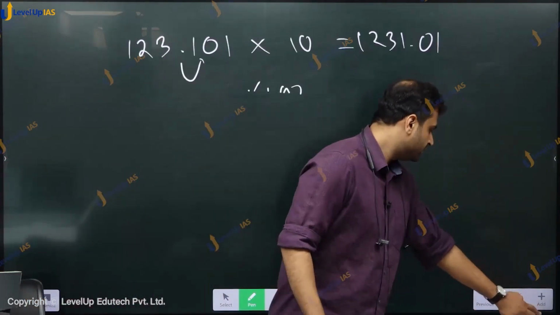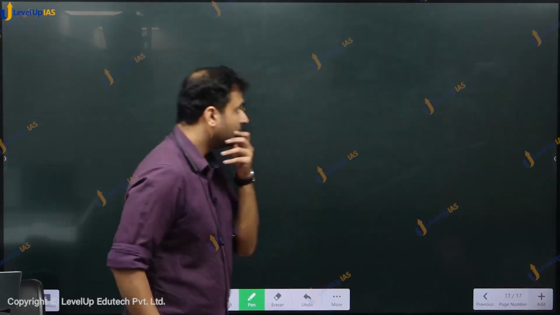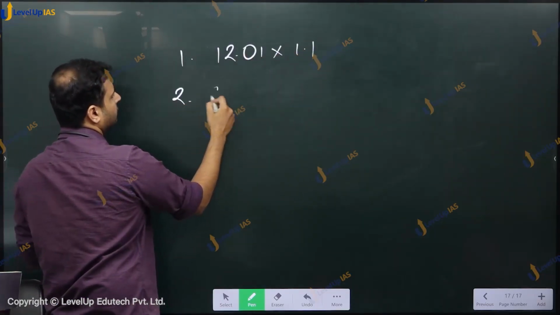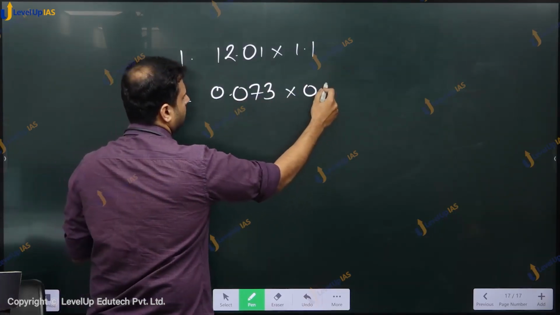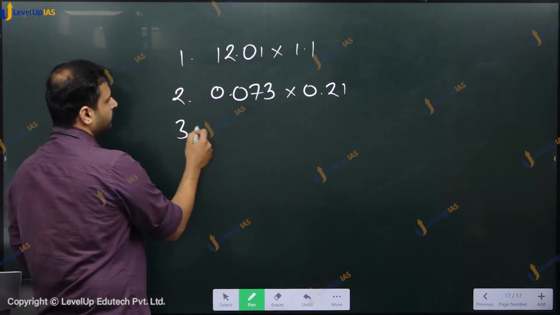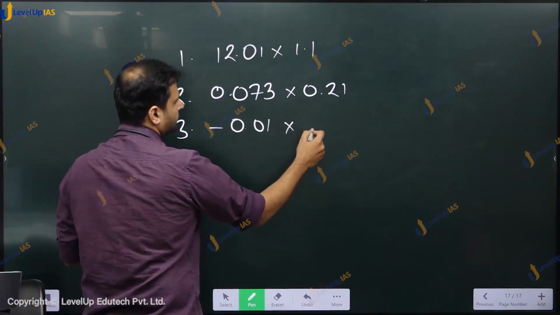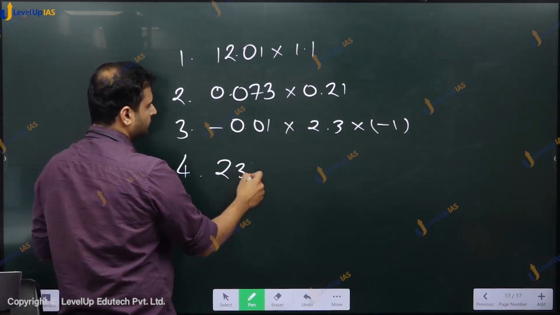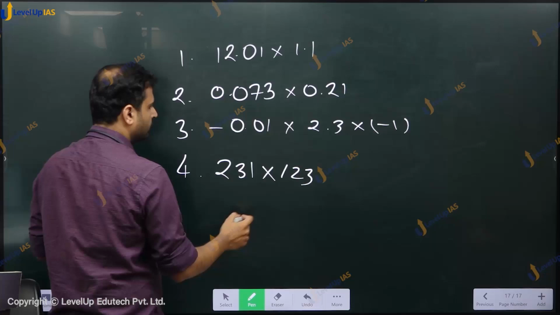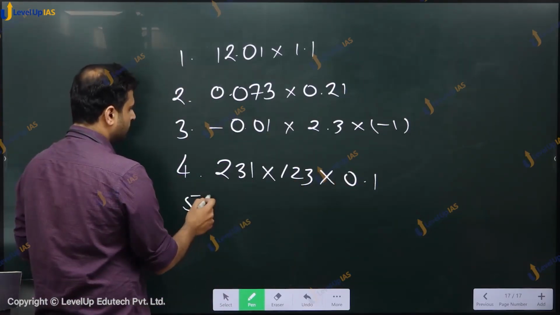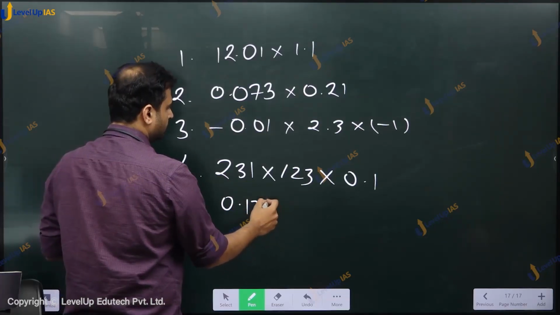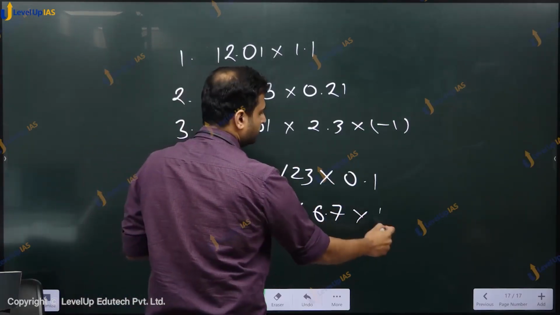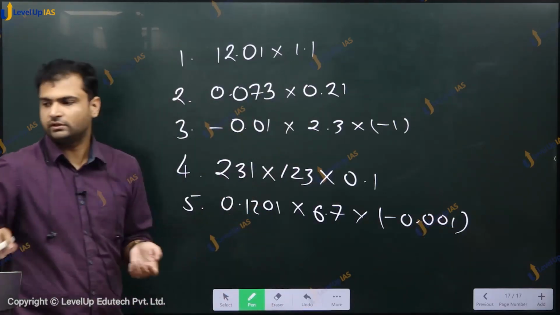Now again exercise for you. Just any practice problem.